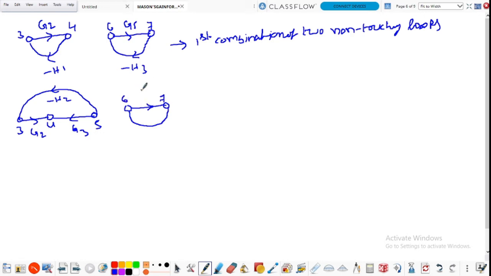So this gain is G5 and this gain is minus H3. So this is the second combination of two non-touching loops.